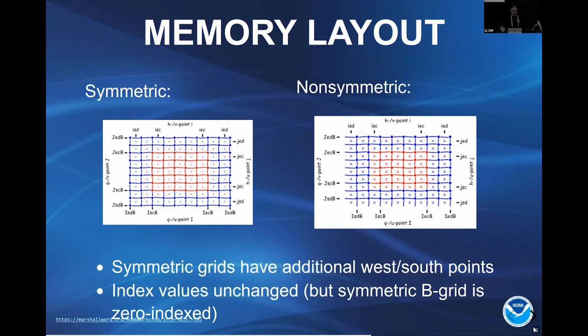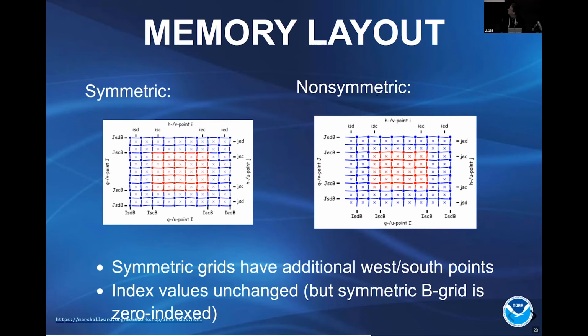The one trick here is that the values of the indices don't actually change. So you don't necessarily need to know this when you're running it. You only need to choose it. So the I's and J's values don't change. But another great feature of Fortran is that it allows arbitrary indexing. And what we would do is say if this ISD B was a 1 here, we would initialize it as a 0 over here.